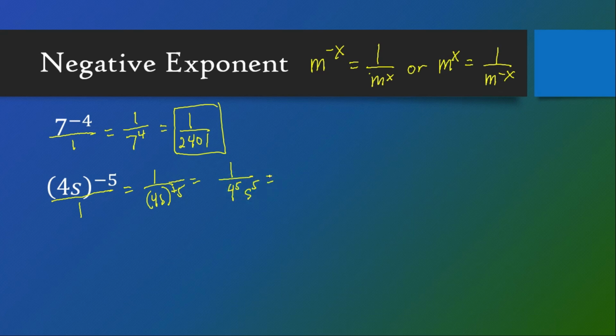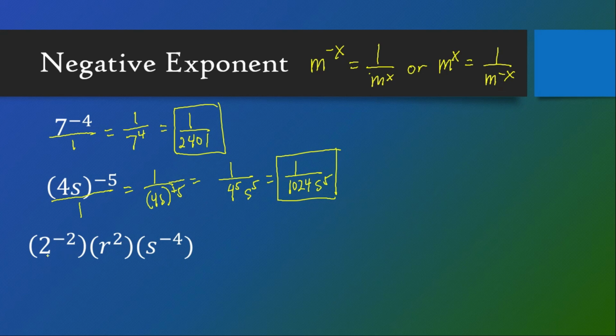Okay, simplify yung 4 raised to 5. 4 times 4, that is 16, times 4, that is 64, times 4 ulit, that is 256, and times 4 again, we have 1024. Kaya magiging 1 over 1024, s raised to 5. And this will be our final answer.